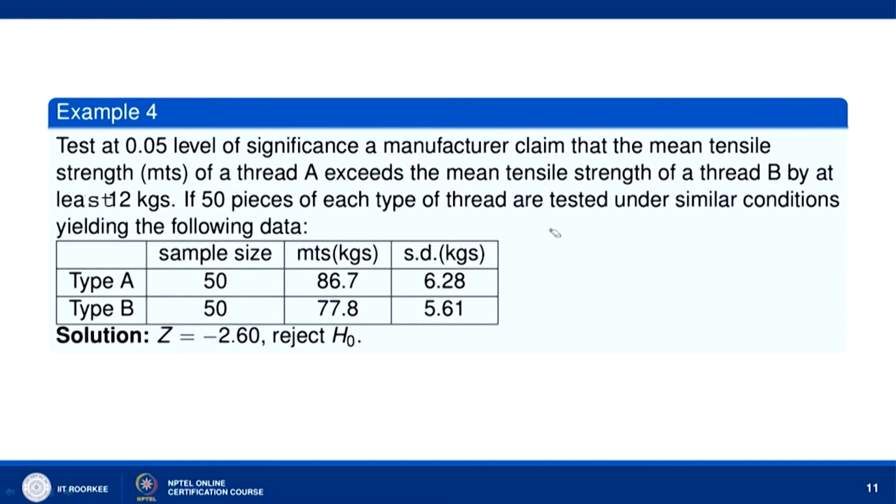Our null hypothesis here is mu 1 minus mu 2 is greater than or equal to 12, where mu 1 is the mean tensile strength of thread A and mu 2 is that of thread B. The alternative hypothesis H 1 is mu 1 minus mu 2 is less than 12.